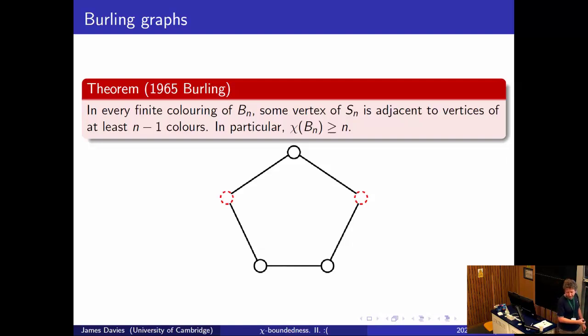Instead of only keeping track of our ith Berlin graph B_i, we're also going to have some special independent set of vertices, this S_i, and they're going to have this property that in any finite coloring of our Berlin graph, or any coloring even, we can find one vertex in this special set of vertices so that its neighbors see at least i-1 colors. And this will hold for any coloring, not a bounded number of colors. But again, because some guy sees at least n-1 colors, it's just going to give a lower bound of n for the chromatic number.